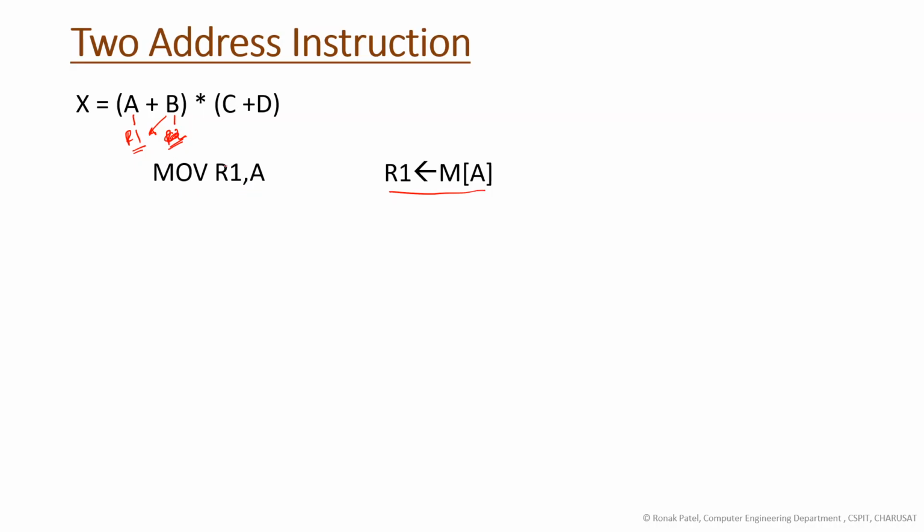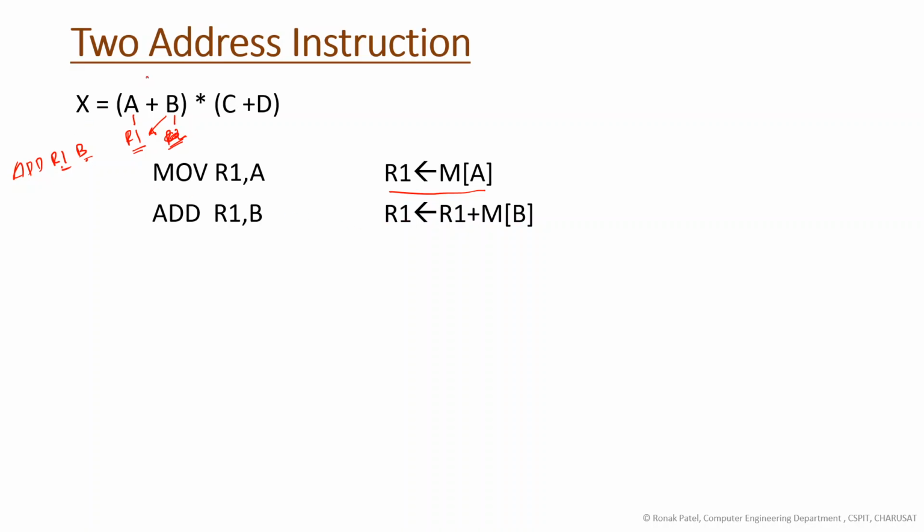Now the content of A is in R1. Now with add you can specify only two addresses, right? So what you need to do is write like this, R1 comma B, only two addresses, since A is already in R1 and B is in memory, so you can write add R1 comma B. So it will perform addition between R1 and the address at memory location B, and the result will be stored in R1.